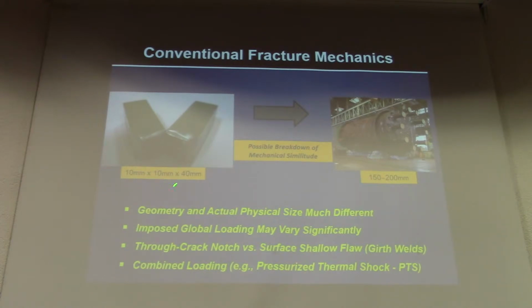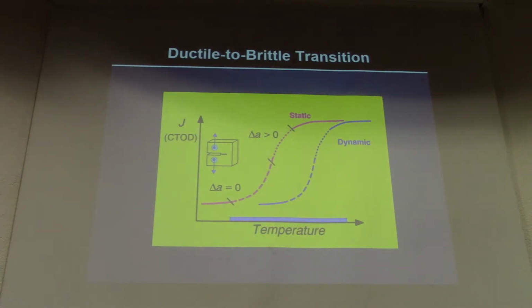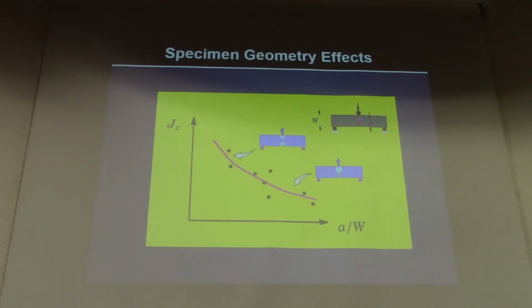So the question then is how to correlate the fracture toughness from these small specimens to large structures, and also, what's the interest in this work, the possible temperature dependence of toughness. Okay, so we know that in the ductile to brittle transition, for ferritic steels of course, especially in transition, the toughness depends strongly on the specimen geometry.